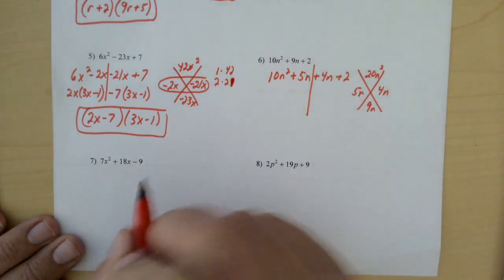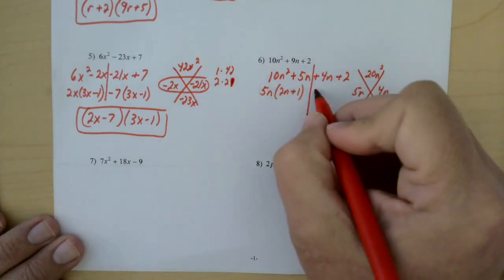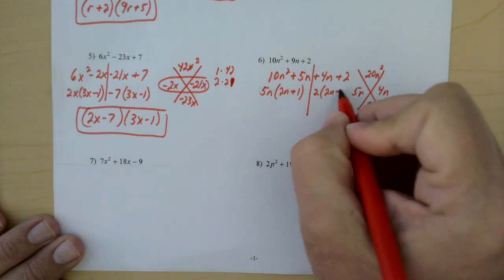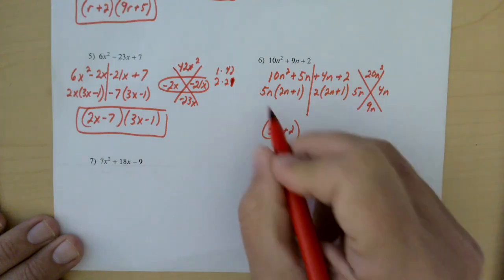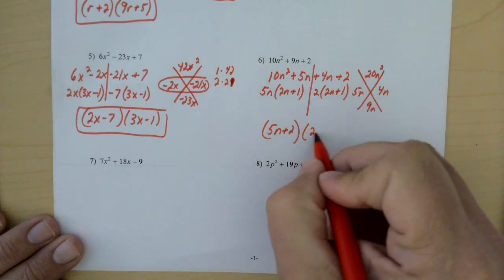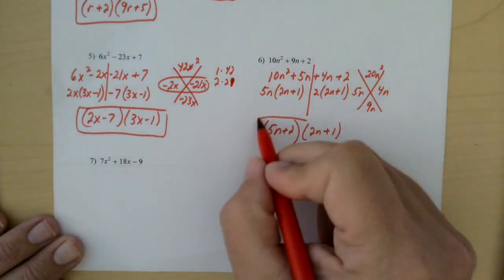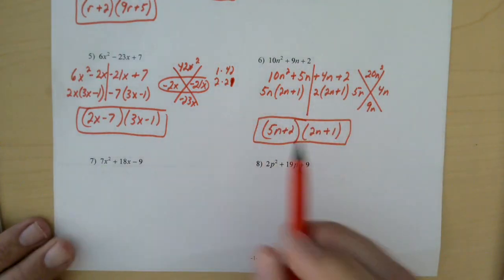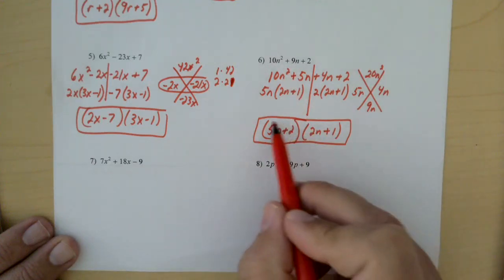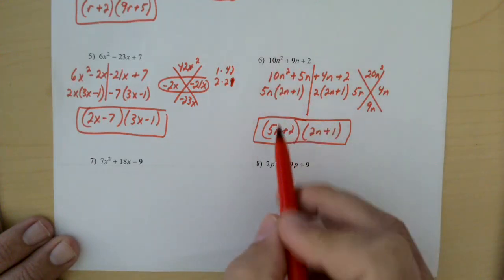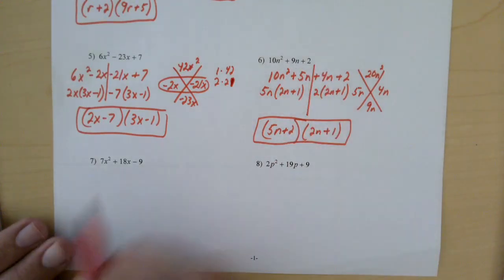Okay, split it down the middle, 5n, 2n plus 1, factor out a 2, 2n plus 1, final answer is 5n plus 2, so the pieces that are on the outside, and what's inside the parentheses on both sides makes up your other factor. And again, this was a quiz. Take 2 seconds just to make sure everything agrees with the original. So FOIL, 5n times 2n is 10n squared. Outers, inners add up to the 9n. 2 times 1 is 2.